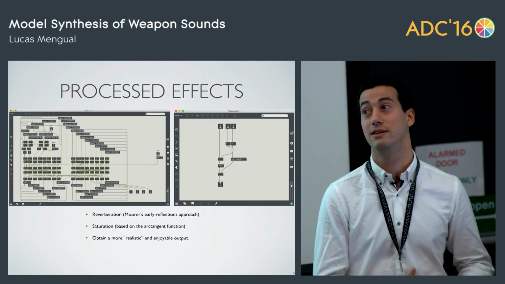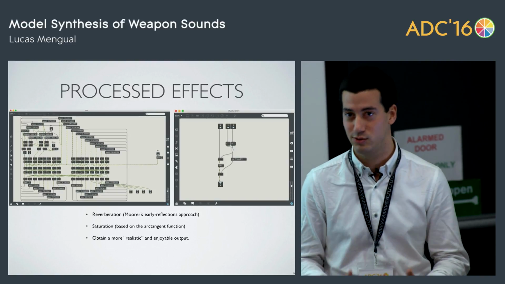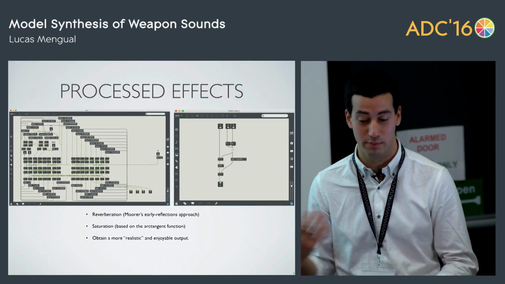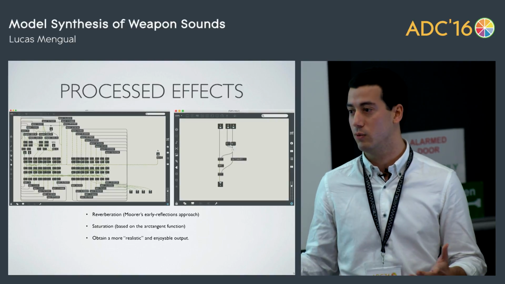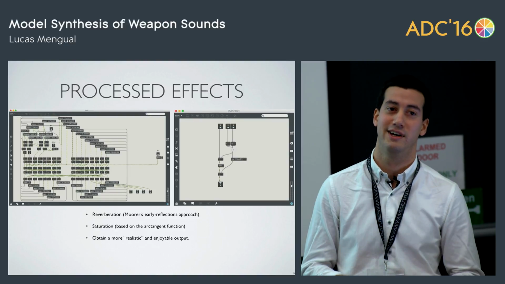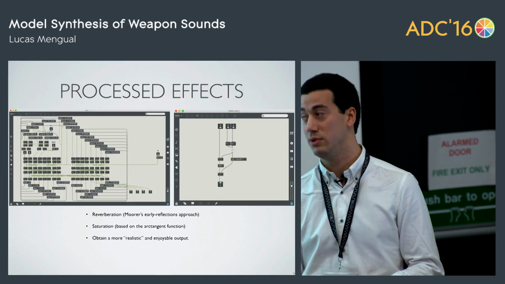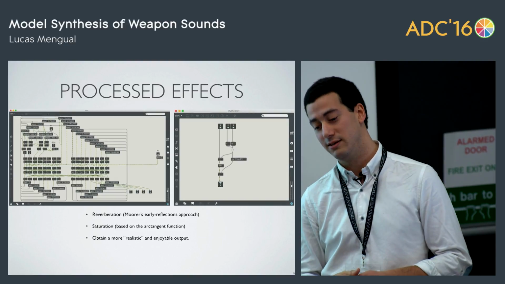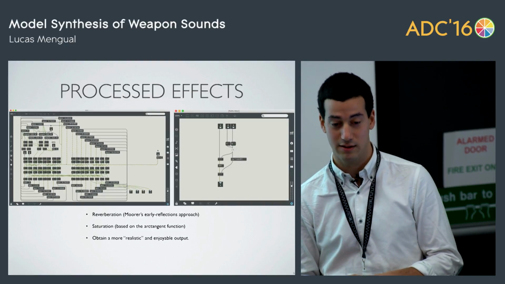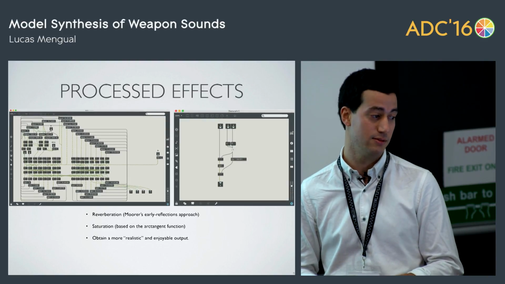The point of this was to make the sound realistic, as it actually sounds in a video game, or when you hear gunfire in a movie, you are not hearing an actual dry recorded sample of a gun. It's actually being processed. I did this to make the sound as enjoyable and realistic as possible.